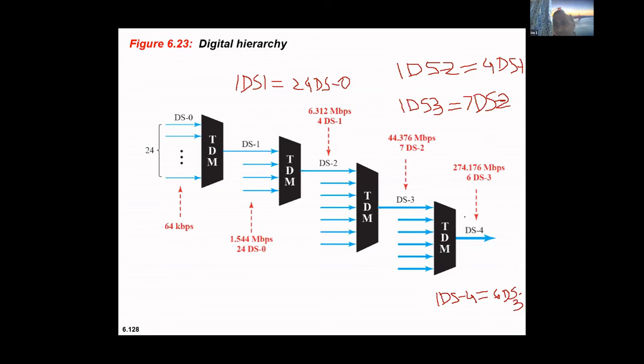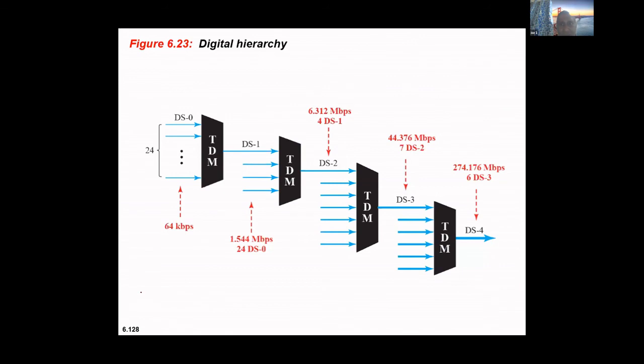So DS4 is 6 DS3, 1 DS3 is 7 DS2, 1 DS2 comprises 4 DS1, and 1 DS1 comprises 24 DS0. This is everything you should know. Okay.